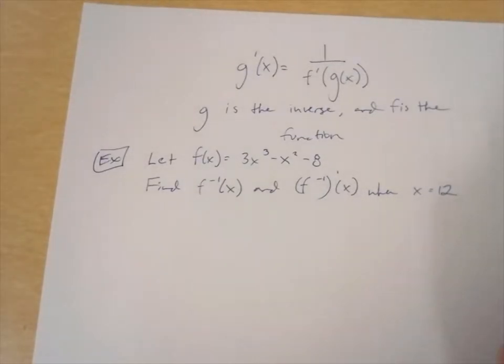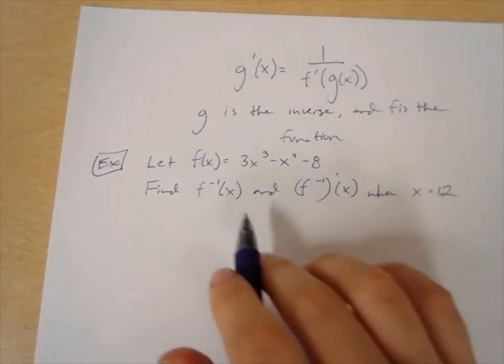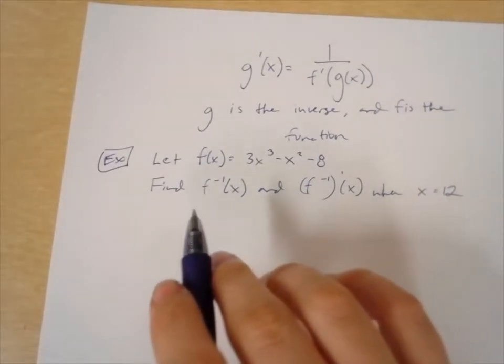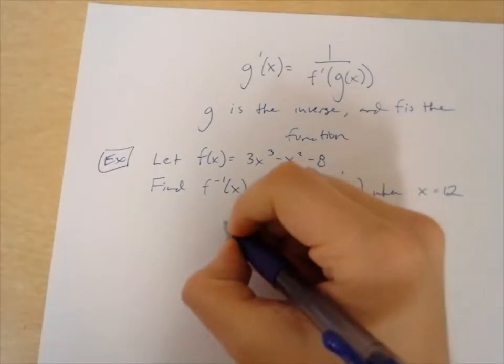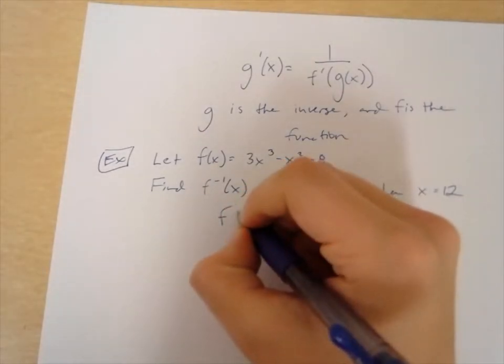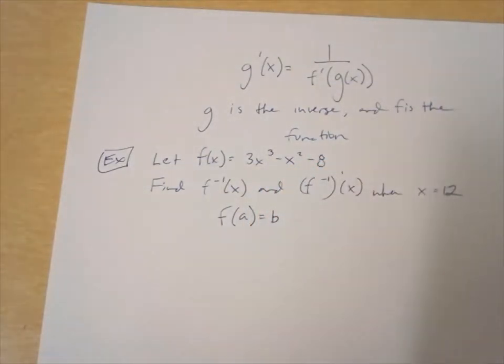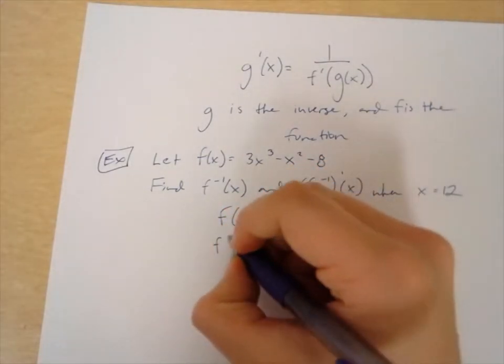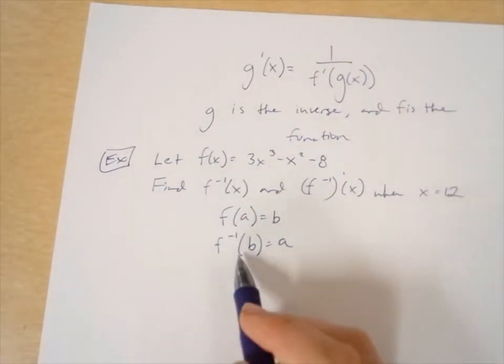And we can begin this first by identifying what is going to be 12 from our original function. And here's what I mean by that. Remember that if you have a point f of a equals b for your function, then you most definitely have a point f of b equals a for your inverse, right?